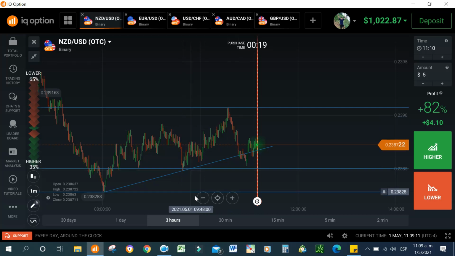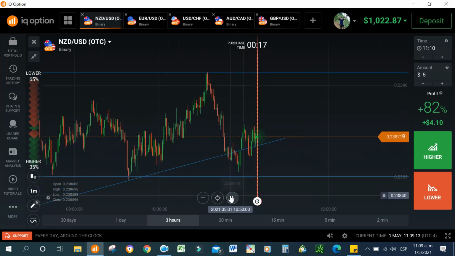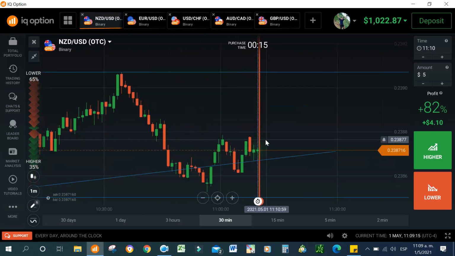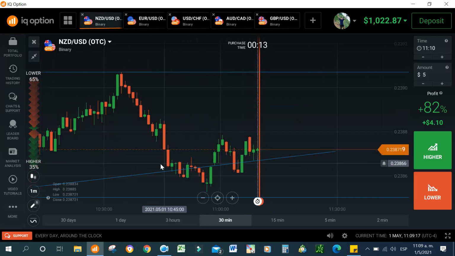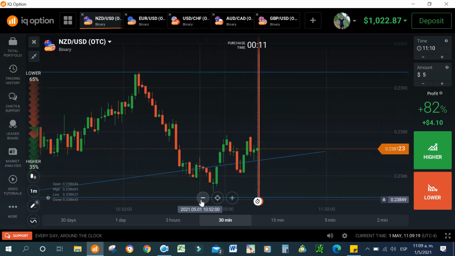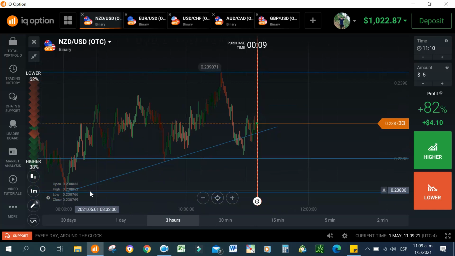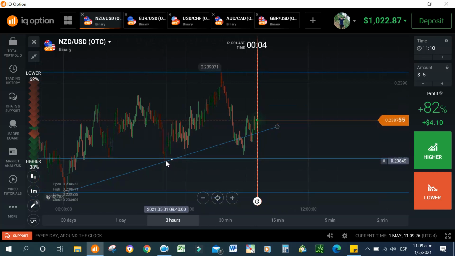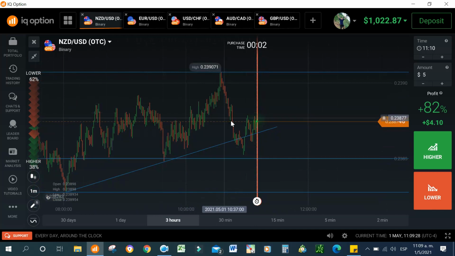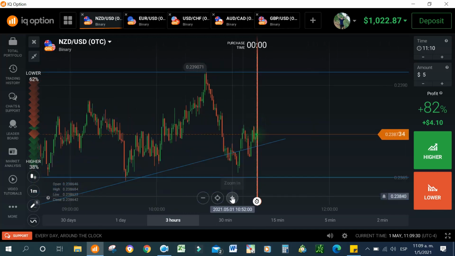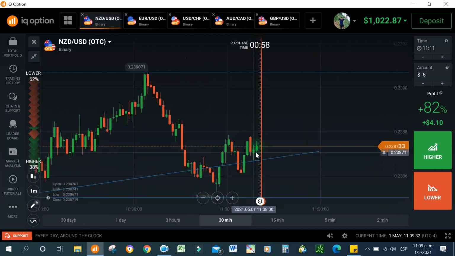The same here. For example, I can see that the market is respecting this trend line, because every time it gets there, it reverses. Okay, so that's what it's doing right now with this candlestick.